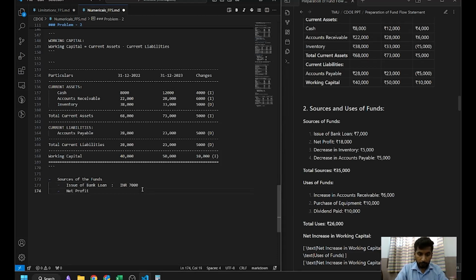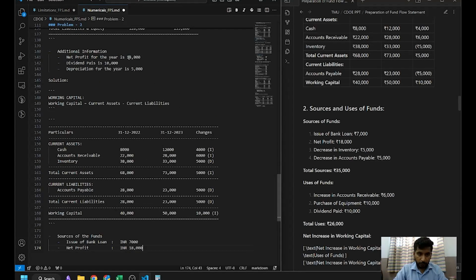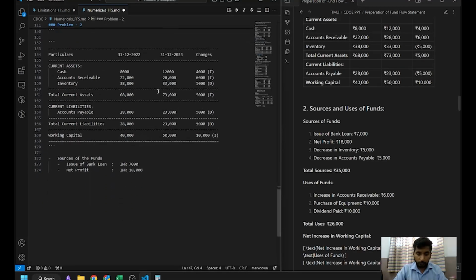Then we have the net profit. The net profit also increased, because it is given that the net profit is 18,000. Then decrease in inventory. The inventory decreased by 5,000, and then last, decrease in accounts payable.